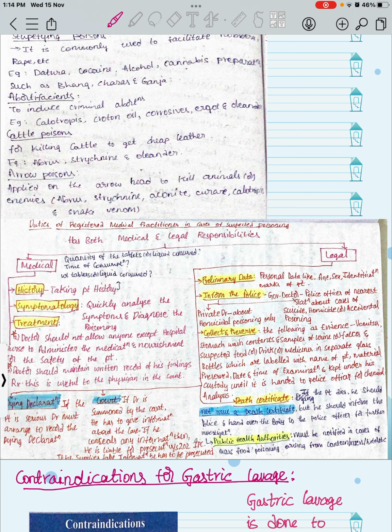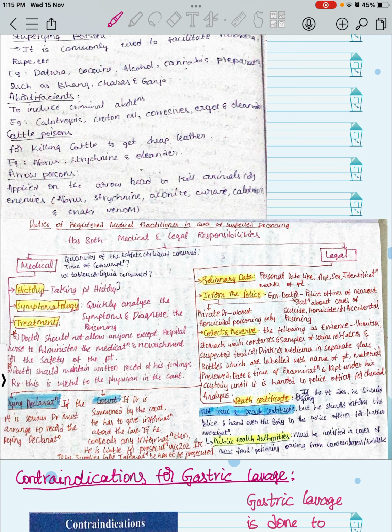Now let us discuss the duties of registered medical practitioners in cases of suspected poisoning. Registered medical practitioners are doctors. They have both medical and legal responsibilities. Medical: we should take the history of the patient.